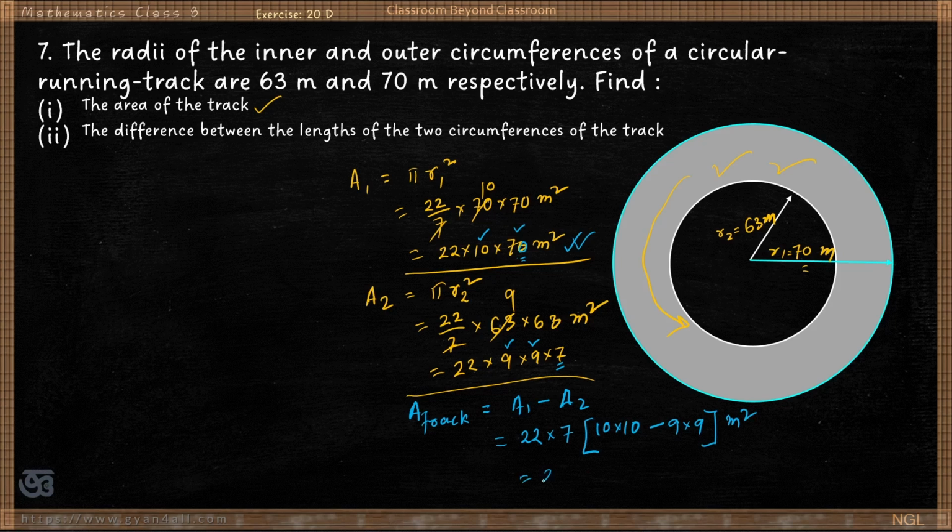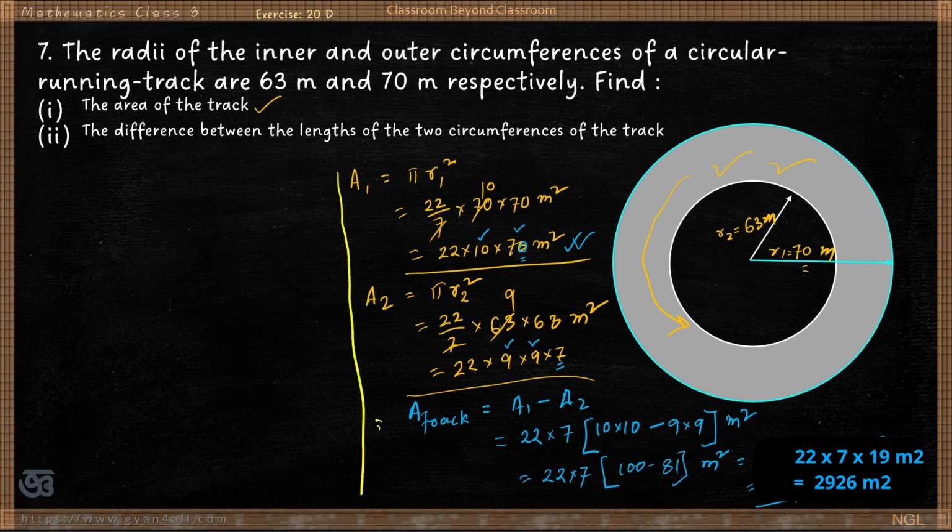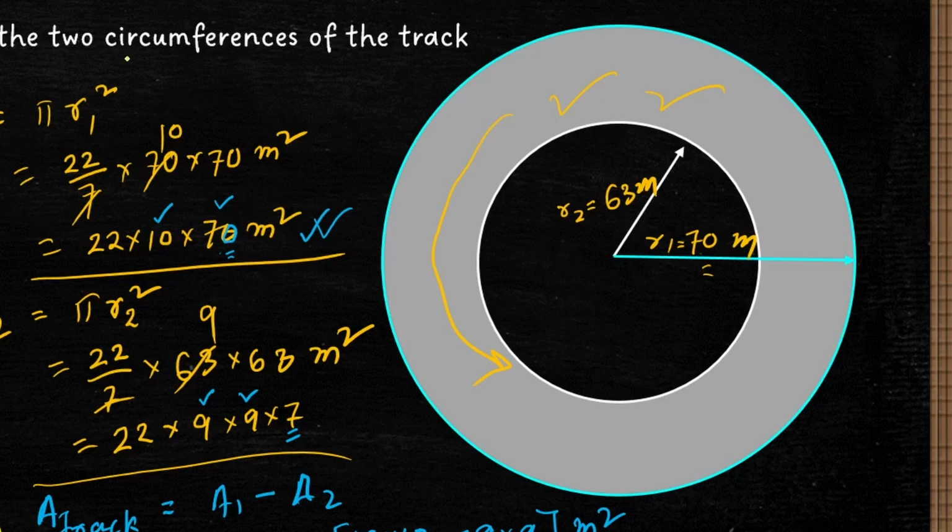So 22 into 7 into 100 minus 81 meter square, that is it. So this is number 1, and now we are going to solve number 2. So we have to find the circumferences of the two circles.